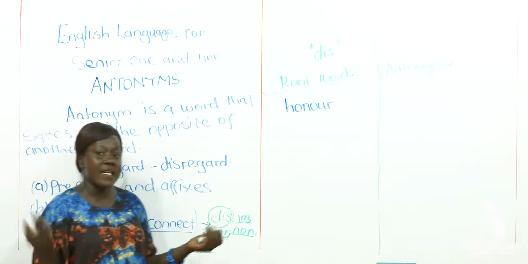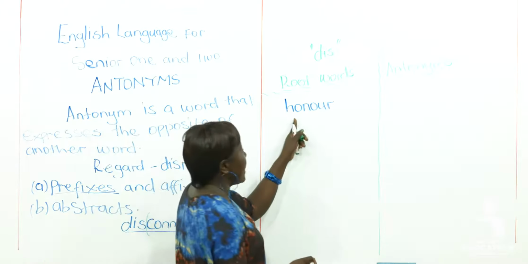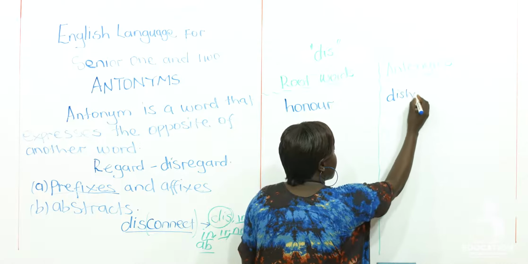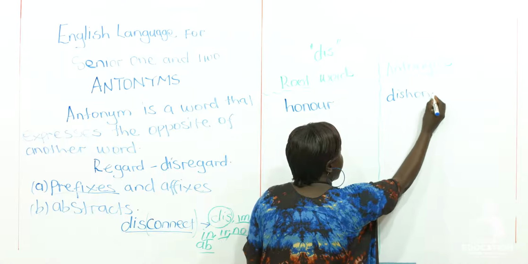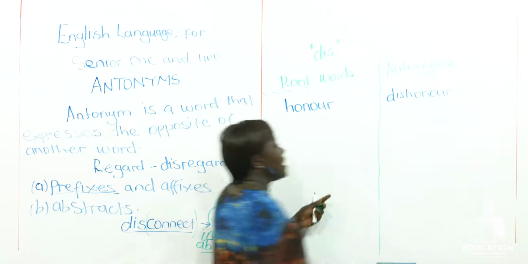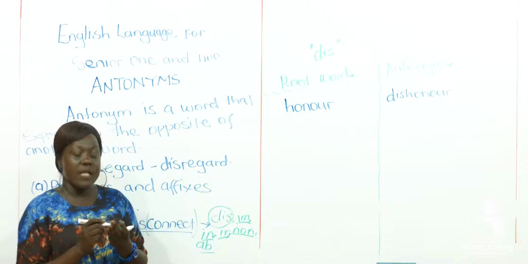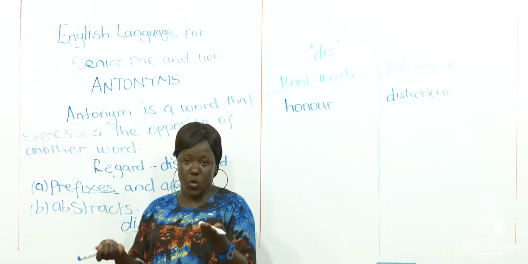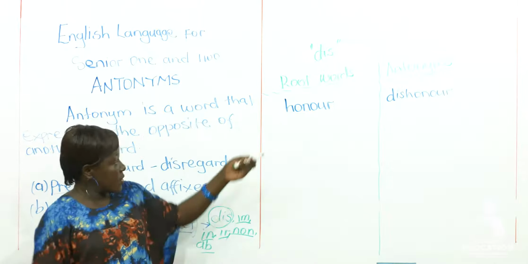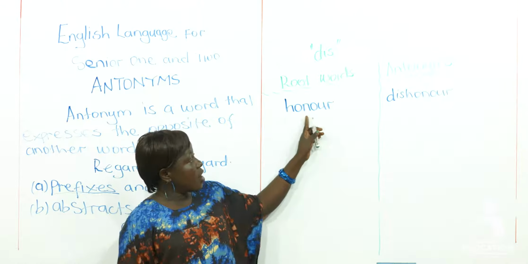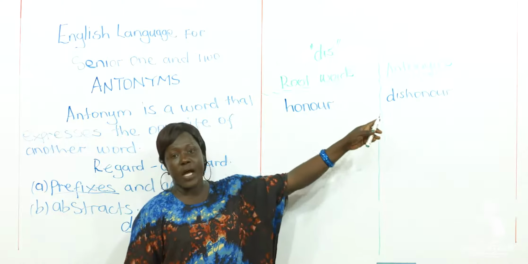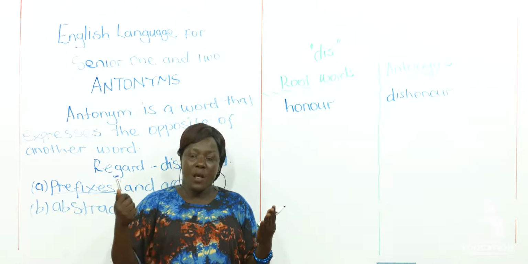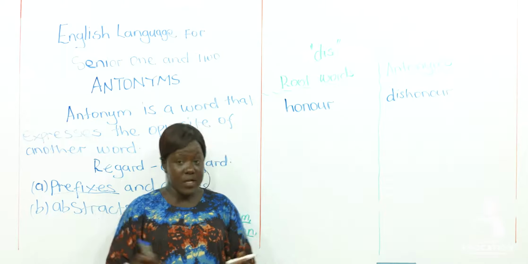We will learn that one next time. So you will come here and say dishonor. Meaning not to honor. So instead of using, we always use antonyms to avoid the word not to or not. So instead of saying not to honor, you will say I will dishonor your invitation if you don't give me the letter in time. I will dishonor.